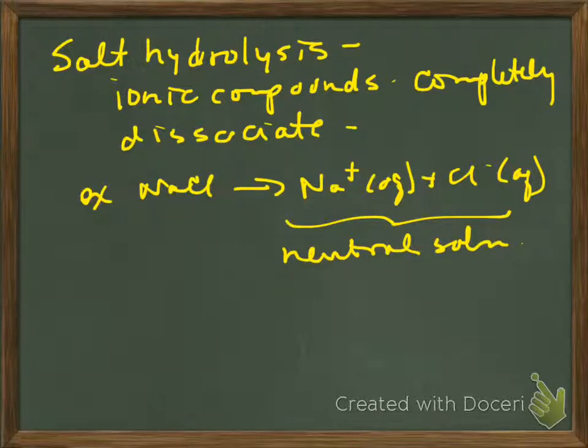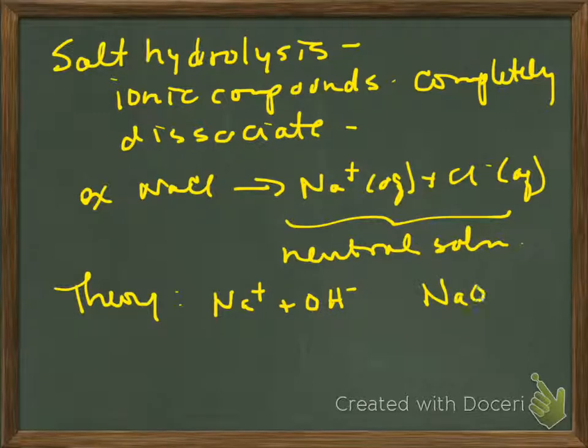Now, salt hydrolysis is really determining, when you have an ionic compound in water, what those ions are going to do. In theory, your sodium is going to attract the hydroxide part of water and go to make sodium hydroxide.